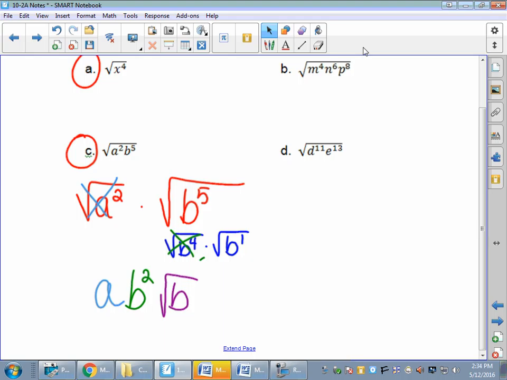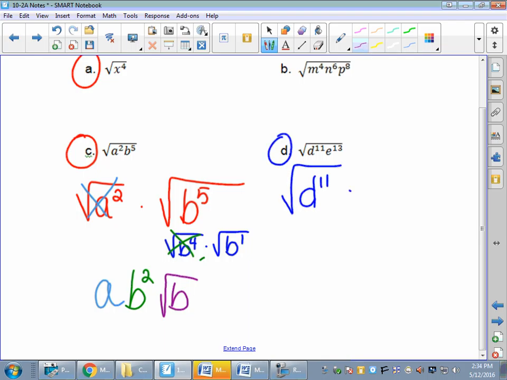So it feels weird to leave that square root around a variable in our answer, but it is correct. So let's look at D just to make sure we got a good practice down for these variables. So D, I've got a D to the 11th times an E to the 13th. So the first thing I'm going to do is break that up so that each variable gets its own square root sign. Is D to the 11th a perfect square?